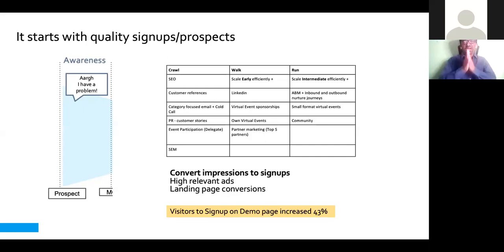So the key takeaway from this slide is to start with the channels which would give you high quality leads based on the stage and the type of category, and ensure you optimize your channels. For each channel, you have micro metrics. Optimize them with a focus on getting quality signups. And if somebody comes to your website, you have to focus on converting them into a signup, somebody who's interested in a demo.